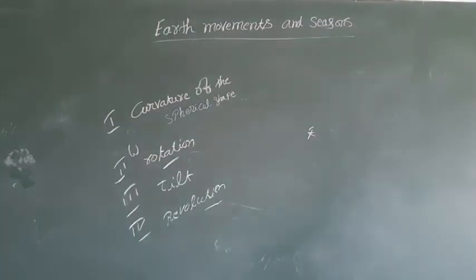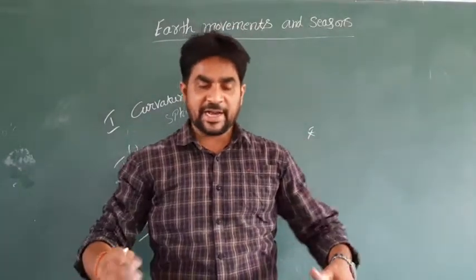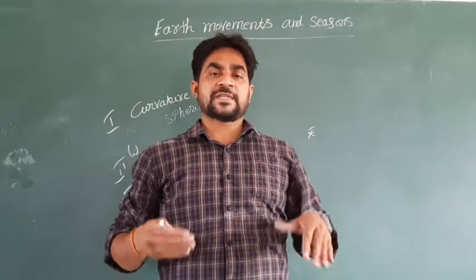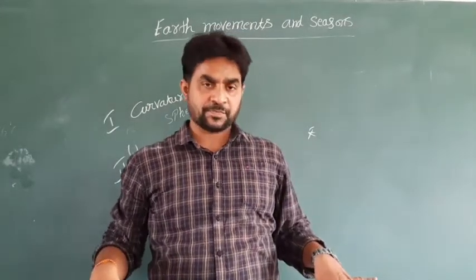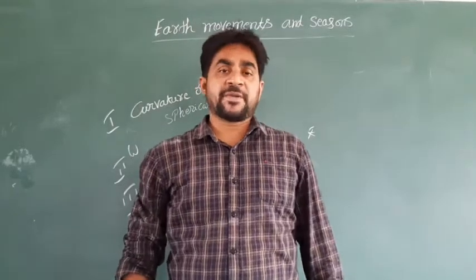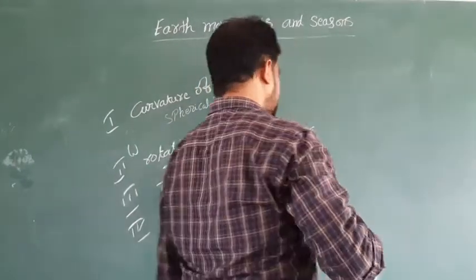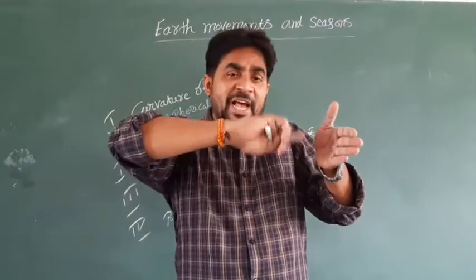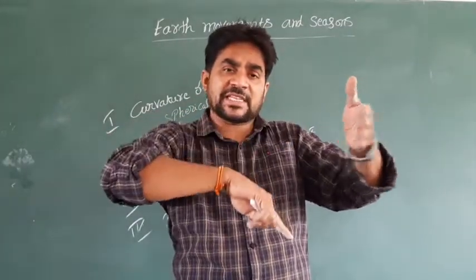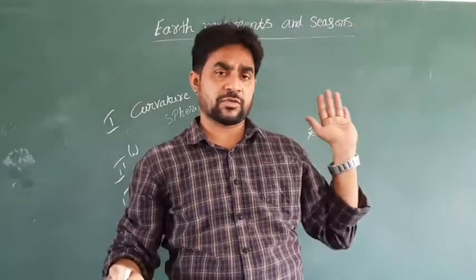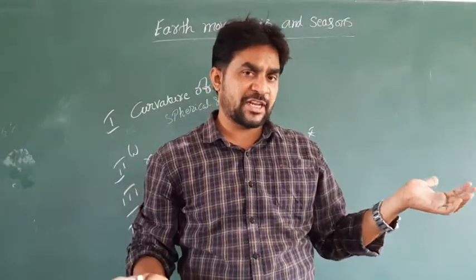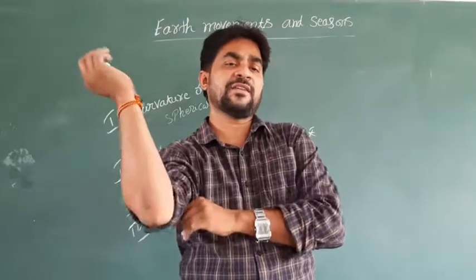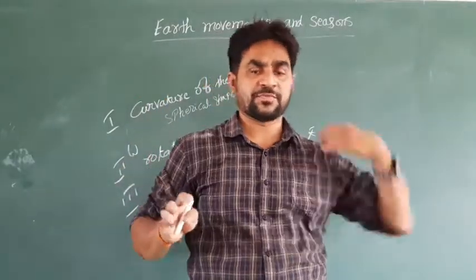Now I am going to explain what is meant by earth rotation. Before, I showed a globe. Now imagine that I am the globe. Earth rotation means the earth rotates on its own axis. Axis means an imaginary line connecting north to south. There is no line actually, but we imagine that there is a line connecting north to south.